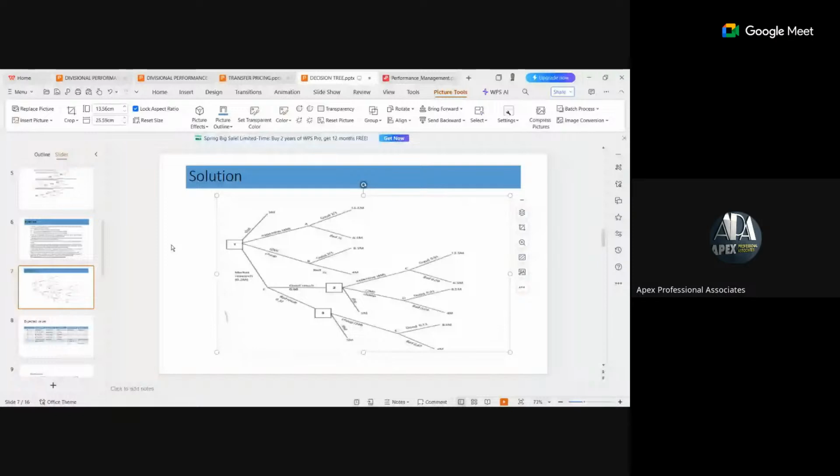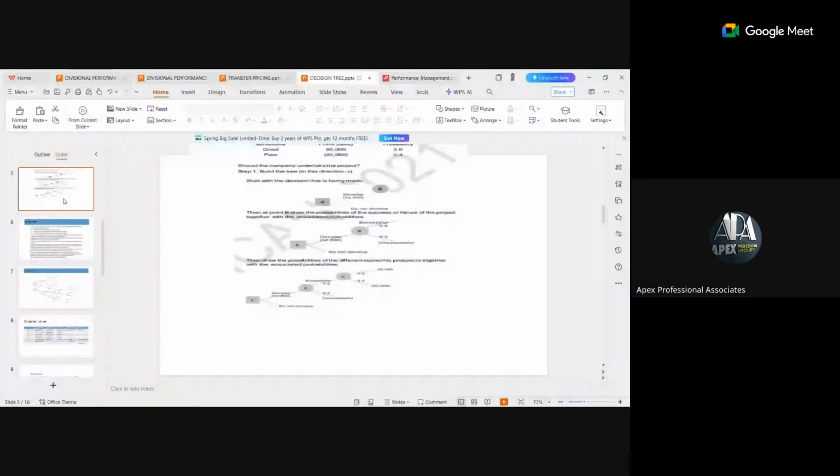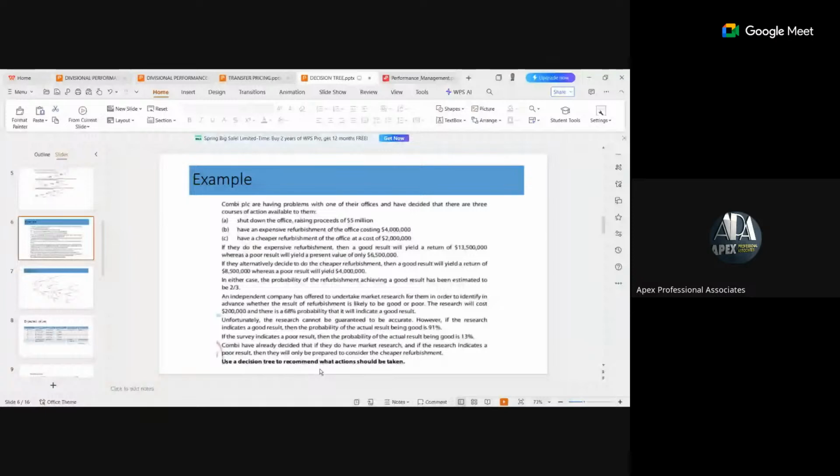So please, I'll look for a question on decision tree and forward it to us so that we can make an attempt. And also, I will send a link to one of the classes I took, not on APES, on divisional performance and transfer pricing. Though I'm not through with the transfer pricing class with the people I'm doing it with, I've done parts. So I'll send the link to the video to the WhatsApp group so you can gain more knowledge from that.